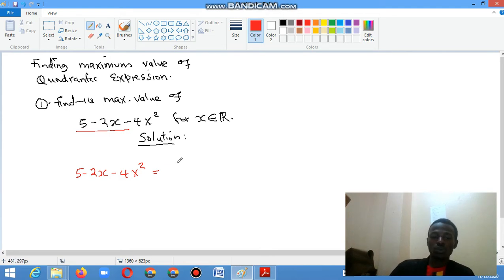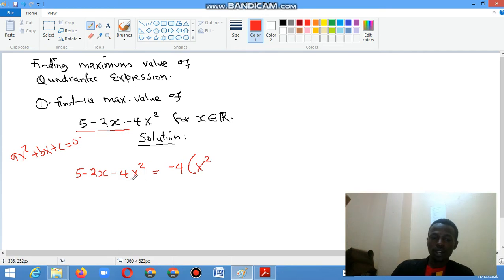We are going to factorize this -4 outside, and when we arrange it properly in the format of x squared plus bx plus c, we shall get something like x squared.